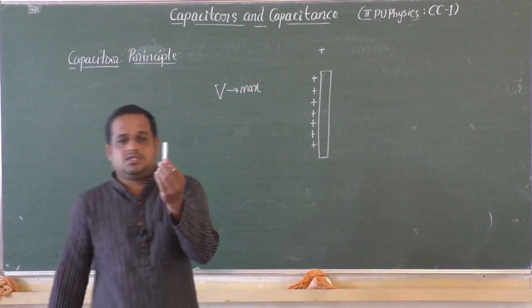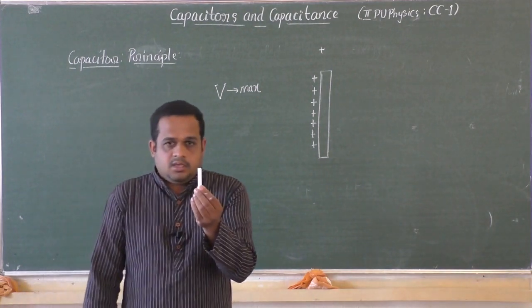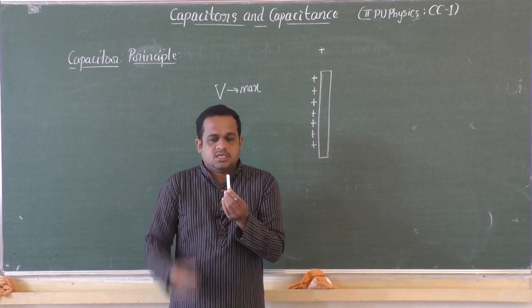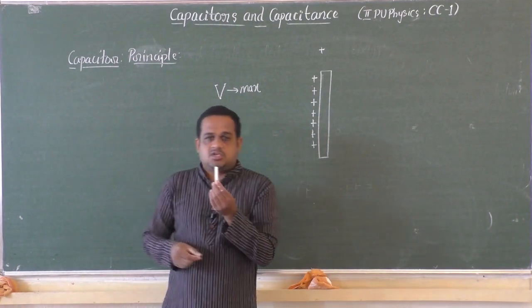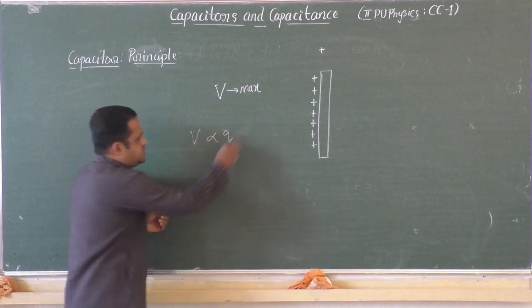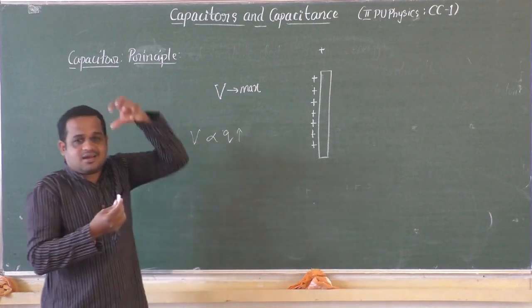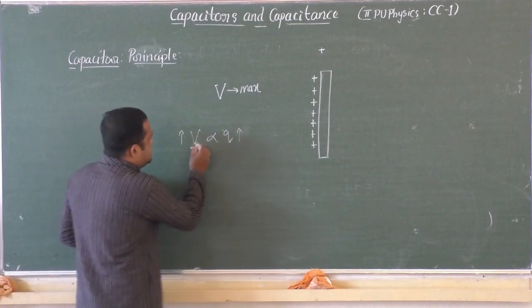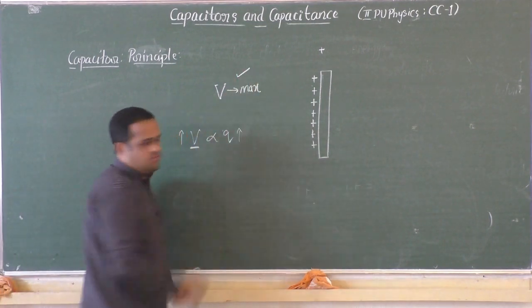Now for example, imagine this as a conductor. If I want to charge it positively, I can remove electrons from this. So when this material is charged, we know that V is directly proportional to Q. As the magnitude of charge in it increases, potential also increases. But for this potential, there is a limiting value, that is, a maximum value.